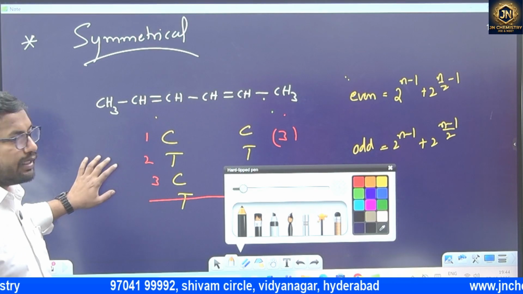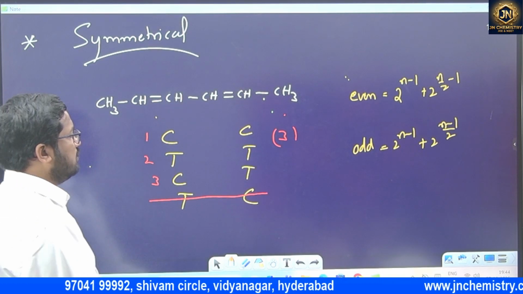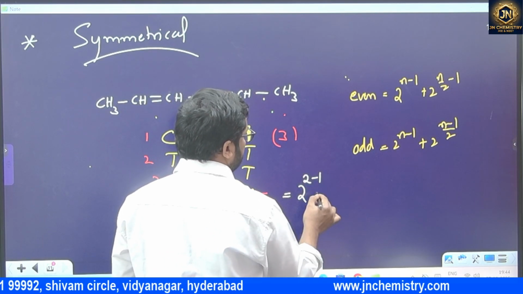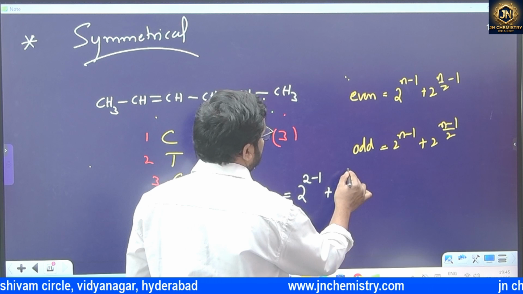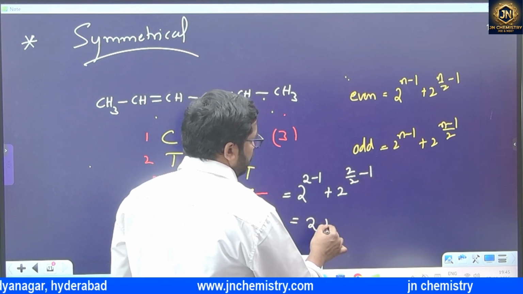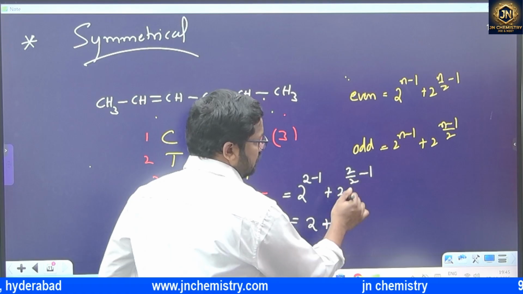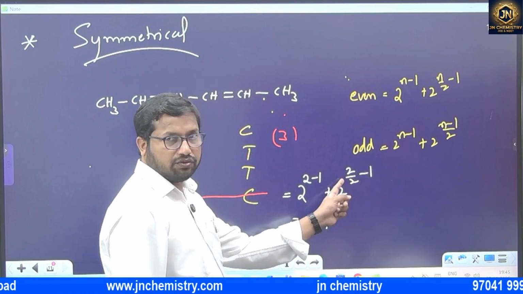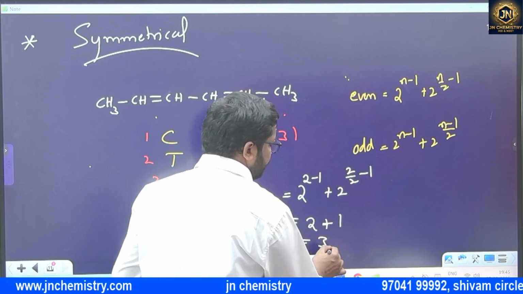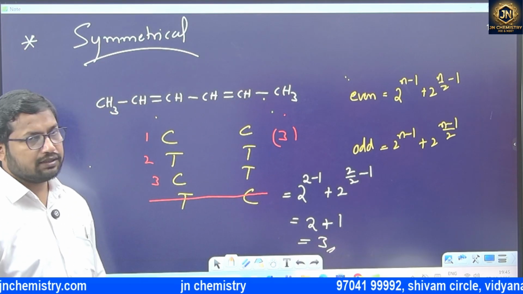2 double bonds means even. So what is the formula? 2 power 2 minus 1 plus 2 power 2 by 2 minus 1. Here 2 by 2 means 1, so 2 power 0, which is nothing but 1. So 2 plus 1, 3 are possible like this.